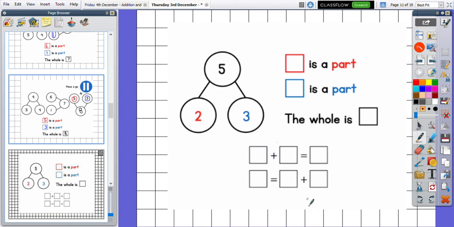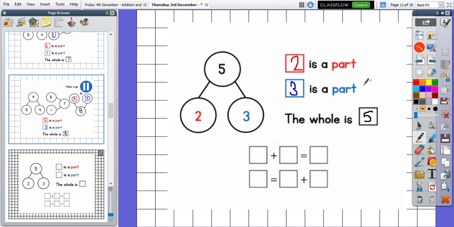Okay then, this looks slightly different now because we are going to be asked to put them into some sentences. So the first thing we're going to do is to complete our box at the top. So my red part is going to be 2. My blue part is going to be 3. And my whole number is going to be 5. Okay then.